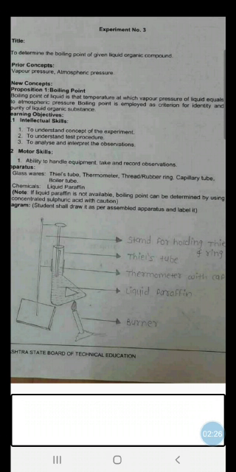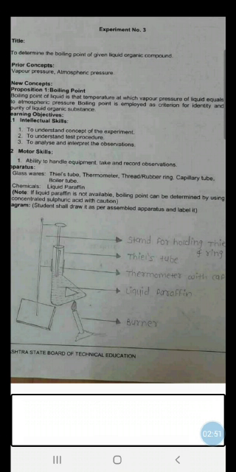You can reuse it, boil it many times, recool it many times, and it remains stable. It is non-volatile, easily available and cheap. So many advantages are there. That's why liquid paraffin is preferred.